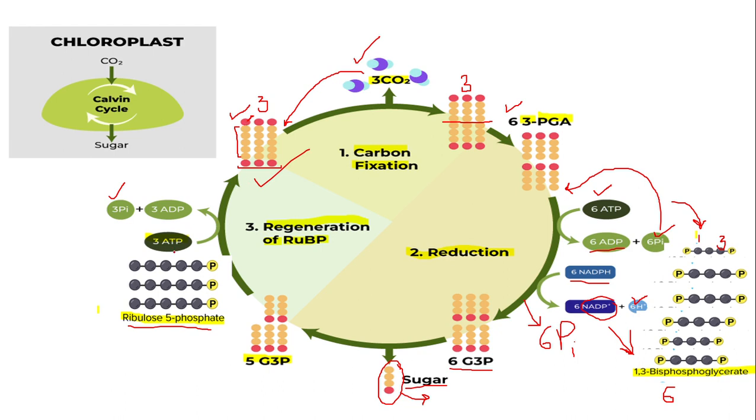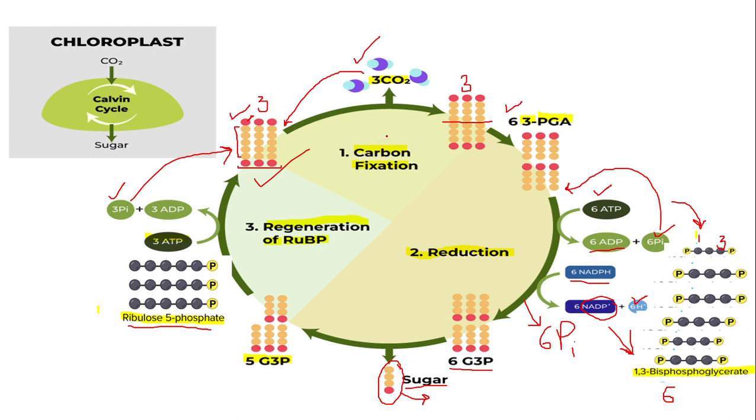So we need one more phosphate here, and this one more phosphate is coming from the splitting of the ATP. This phosphate will then attach to the ribulose 5-phosphate molecule, and it will change into RuBP. So this is the third phase, regeneration of the RuBP.